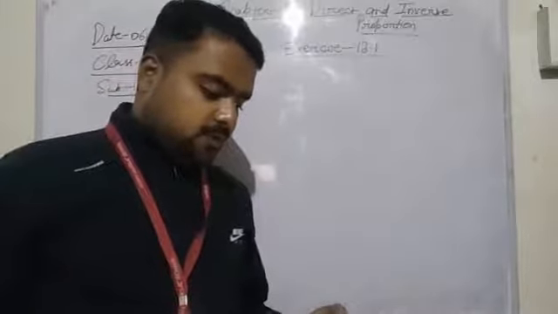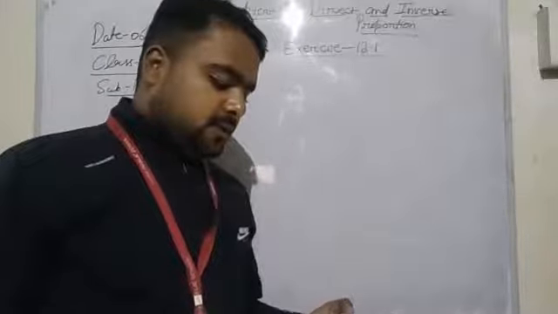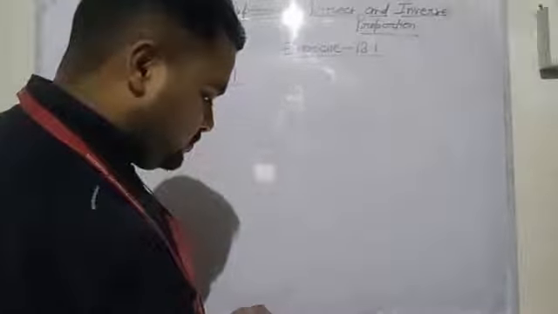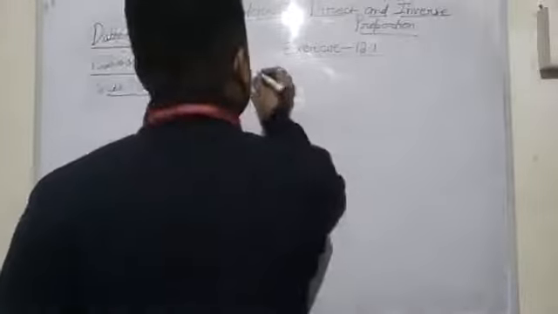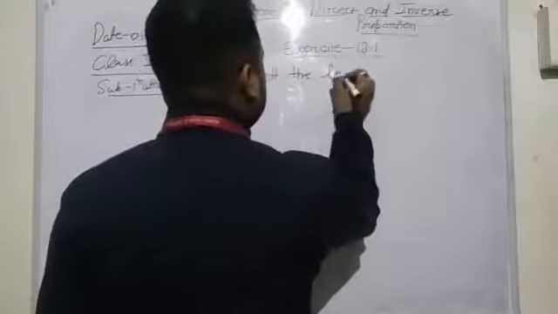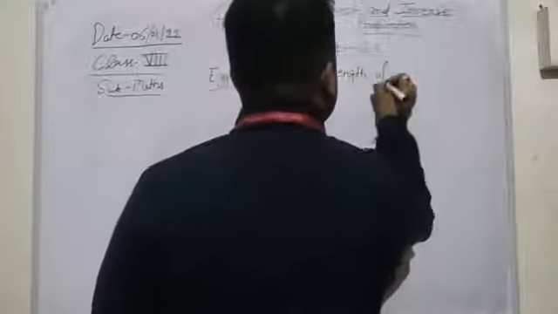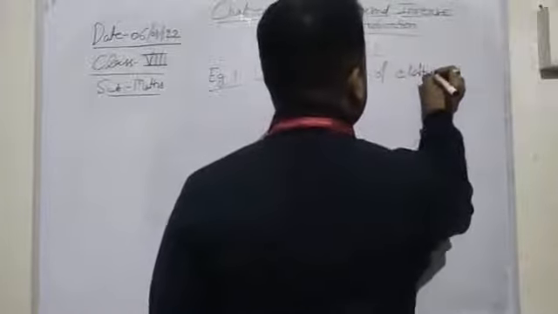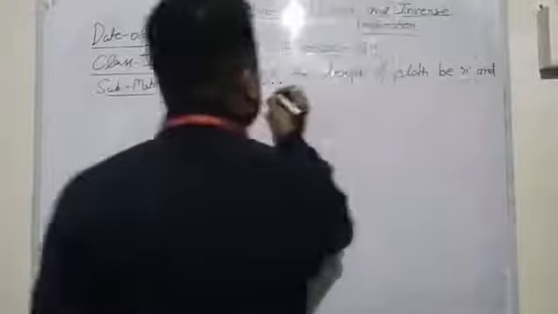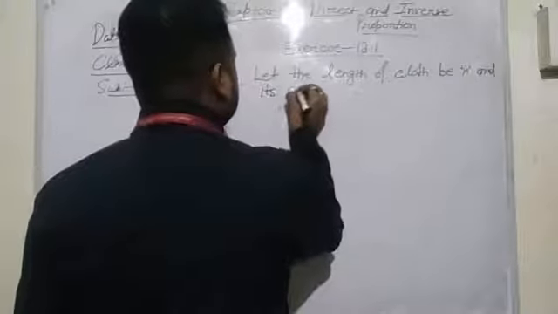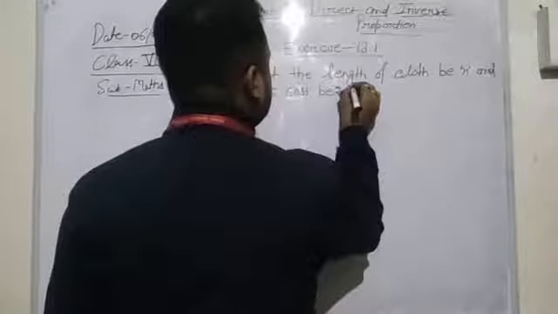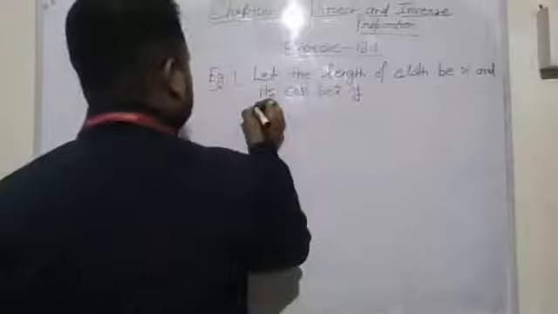Then we have to tabulate the cost of 2, 4, 10 and 13 meters of cloth of the same type. Let the length of cloth be x and its cost be rupees y.